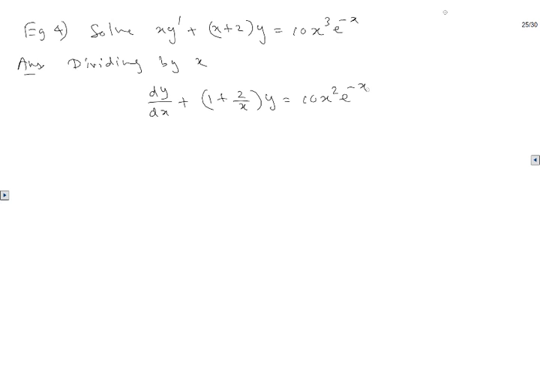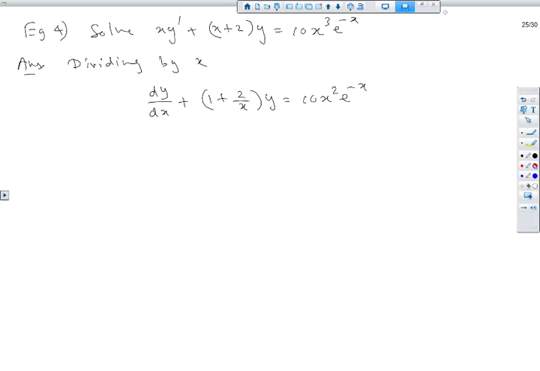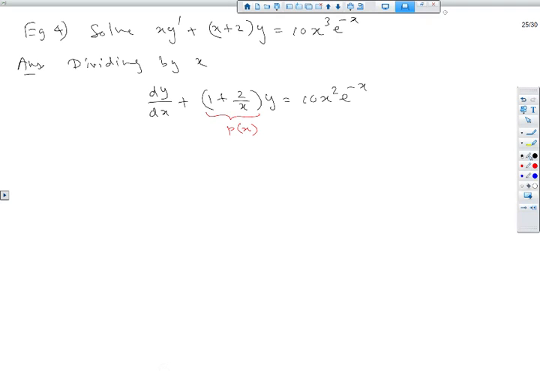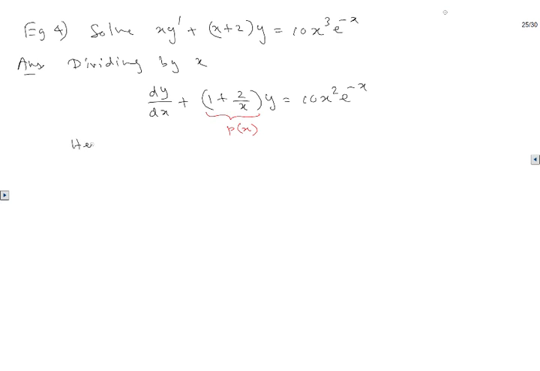So now what is the integrating factor here? What is the integrating factor? You can see that this whole thing is p(x). So p(x) equals 1 + 2/x.